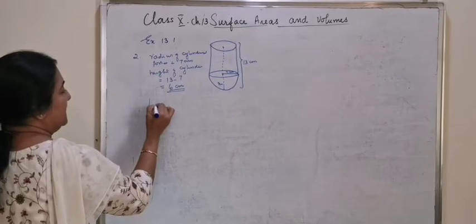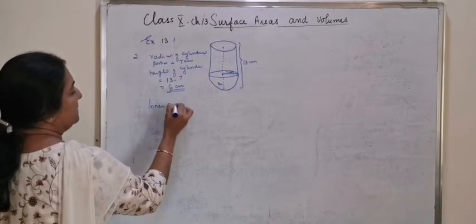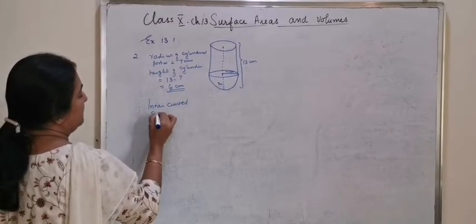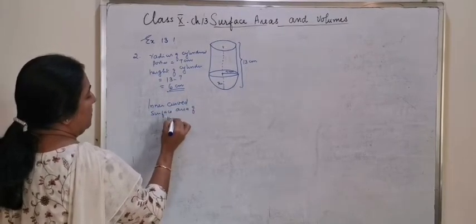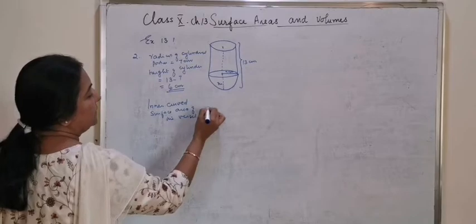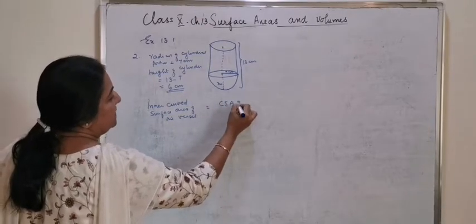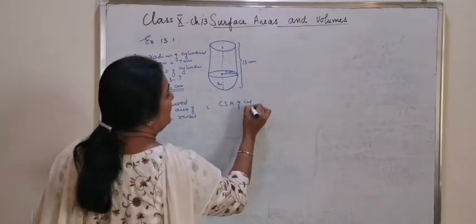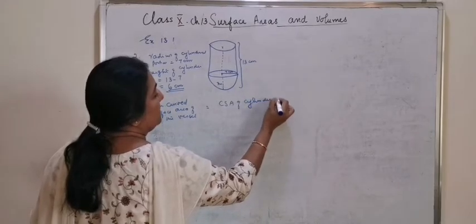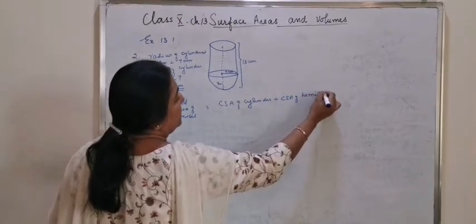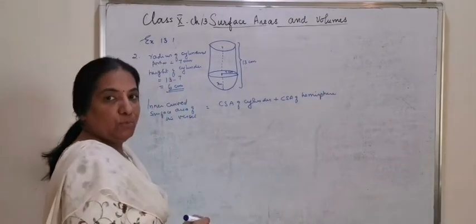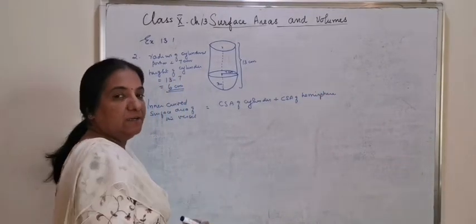So the inner curved surface area of the vessel is equal to the curved surface area of cylinder plus curved surface area of hemisphere. You can underline the word hollow, which shows that it is the curved surface area.